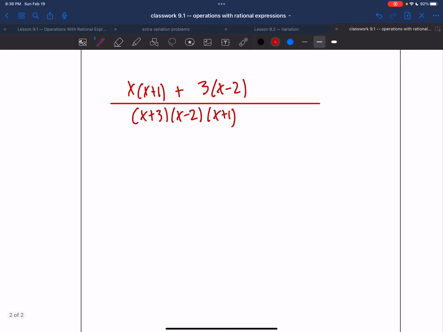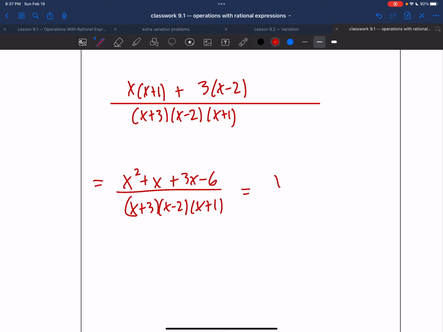Now I'll just use some basic distribution here, x squared plus 3x minus 6 over (x plus 3)(x minus 2)(x plus 1), and that's x squared plus 4x minus 6. And you do want to check that that quadratic is factorable.